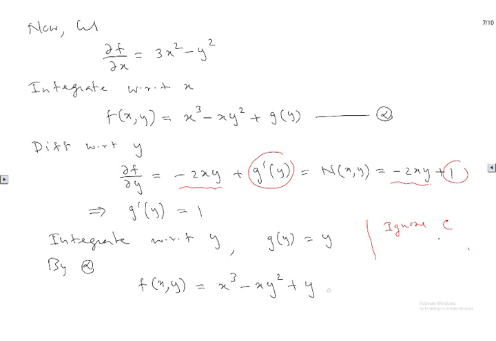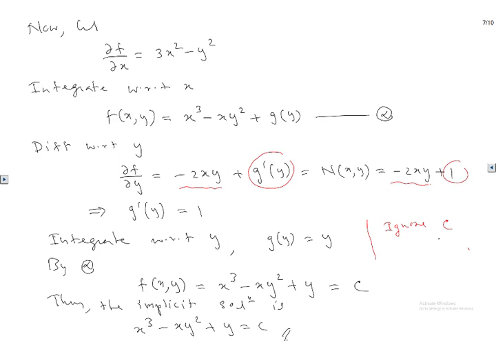But this is not the answer. You have to set this equal to a constant. So thus the implicit solution is just that part, so we can write this one as x³ minus xy² plus y equals a constant.